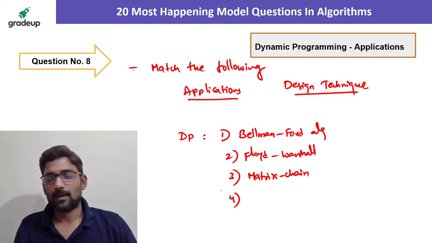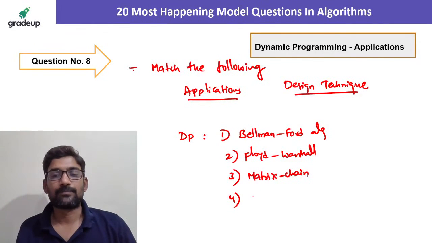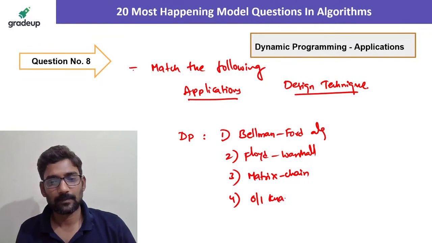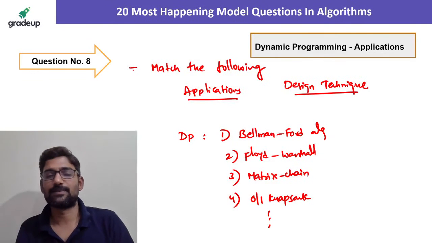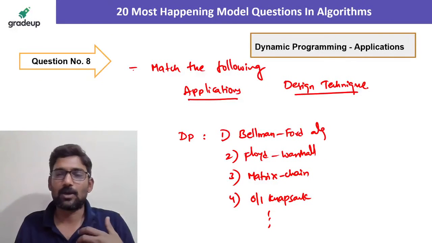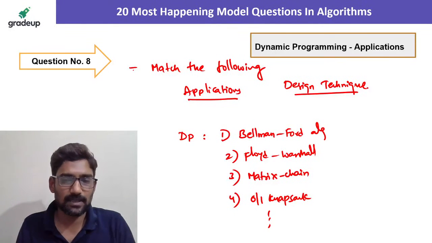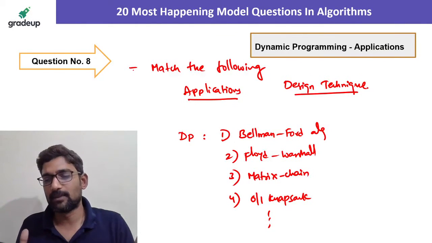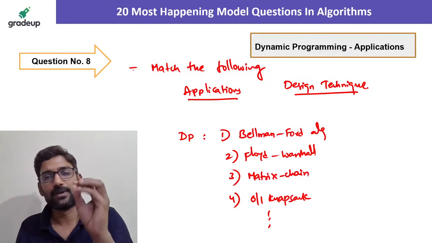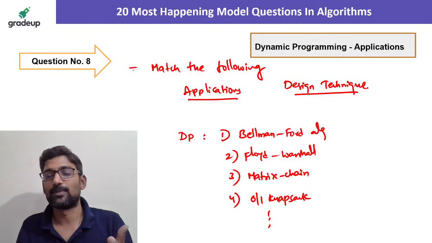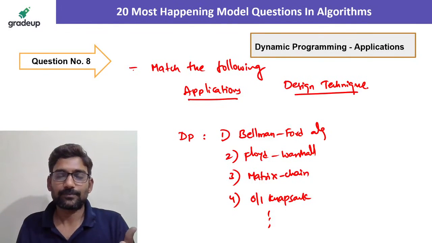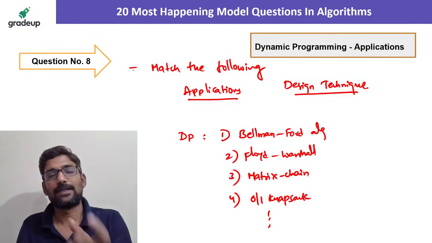You say 0-1 knapsack problem. Something like that. Also longest increasing subsequence, longest common subsequence, longest bitonic subsequence, subset sum problem. Yes, there are n number of applications, but my intention is you have to have an eye on these applications of dynamic programming also, because from those applications you may get a question.